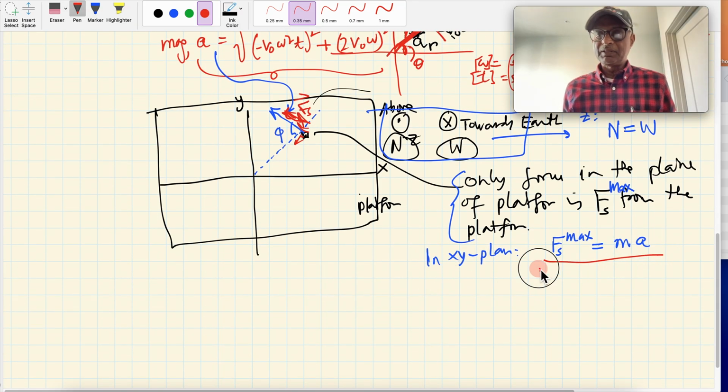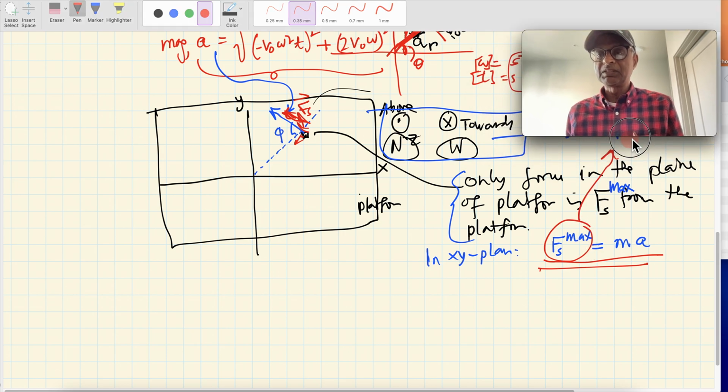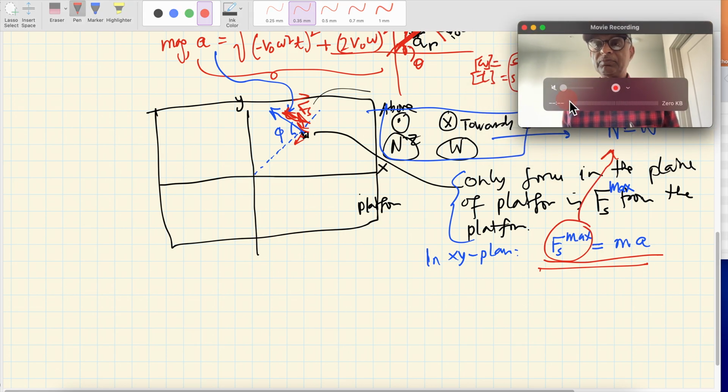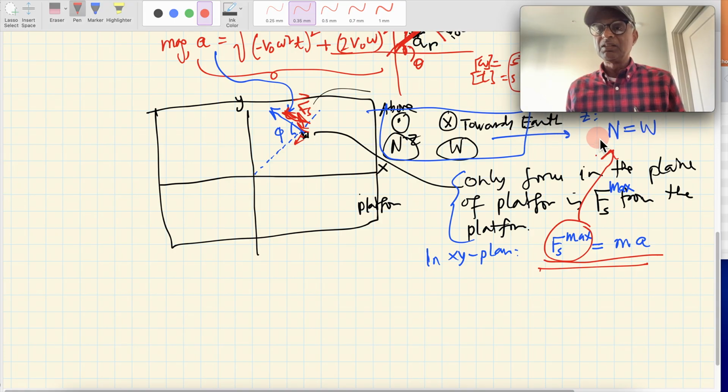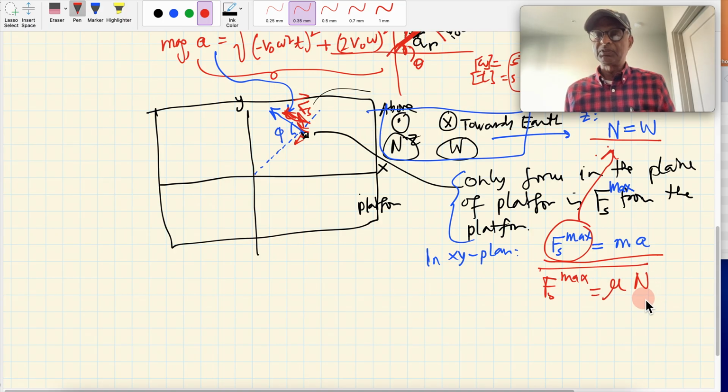that's our equation, and of course, because I'm using Fs max, it's going to be connected with the normal force. Fs max will be the static friction coefficient times the normal force, and the normal force happens to be weight here.